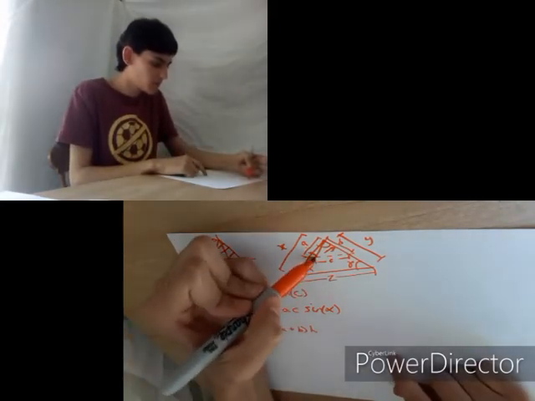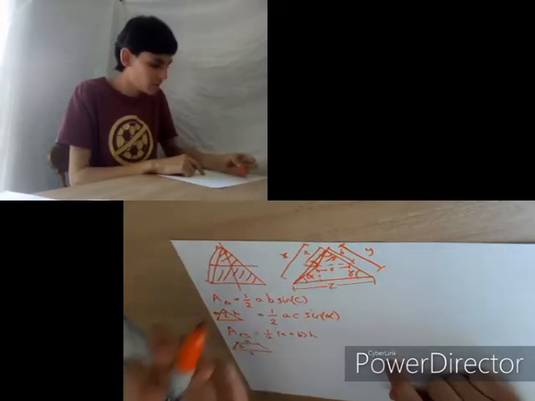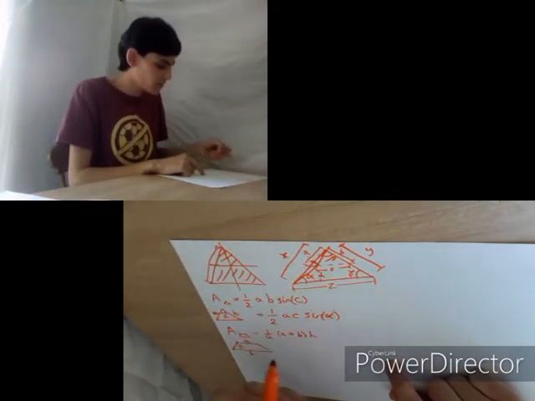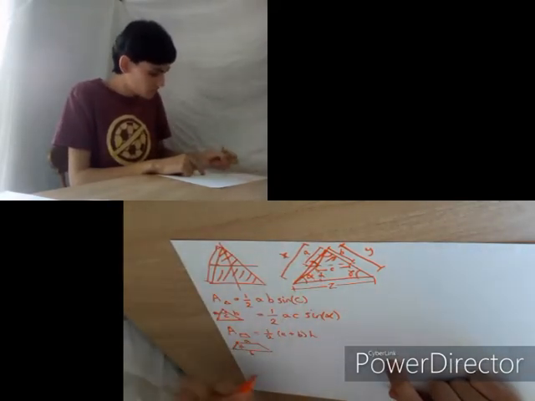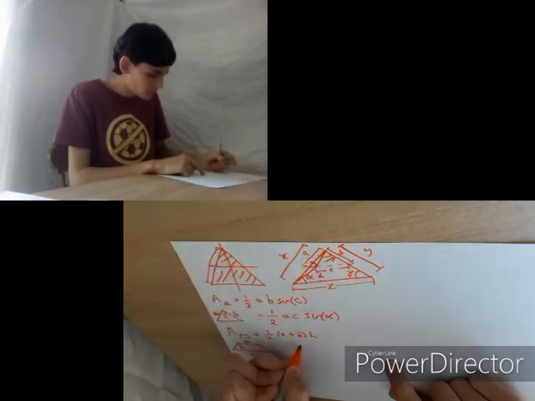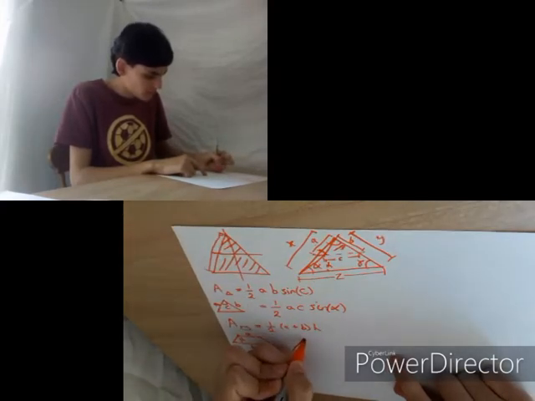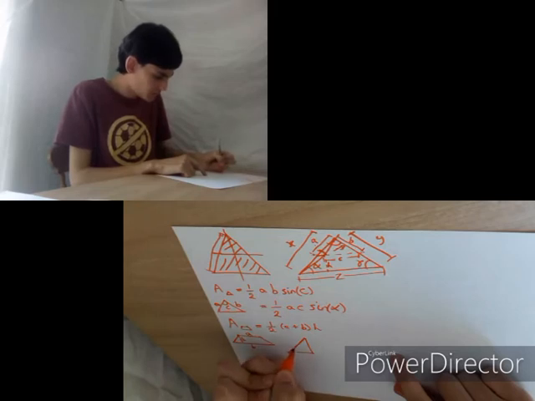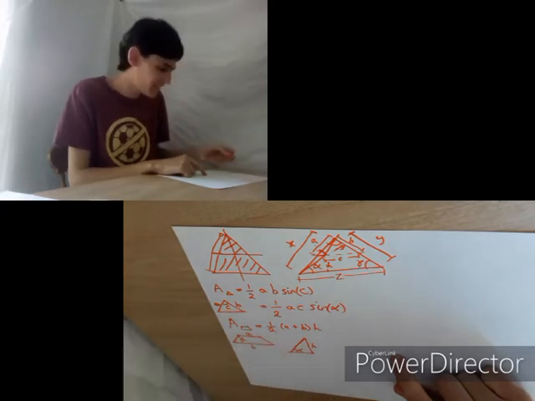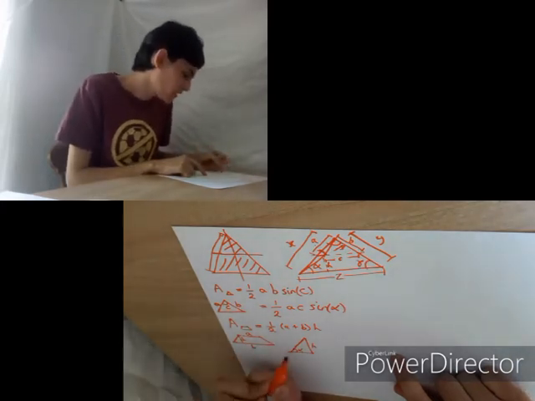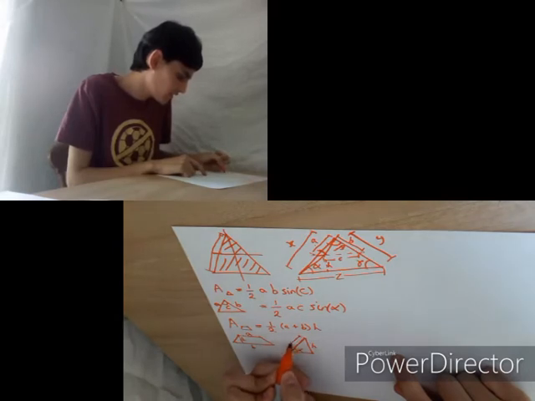If I put a dotted line here, that is H. We can bring that over here, and so this angle is alpha, this length is H, and this length is X minus A.